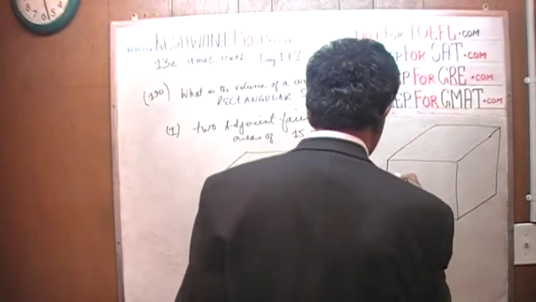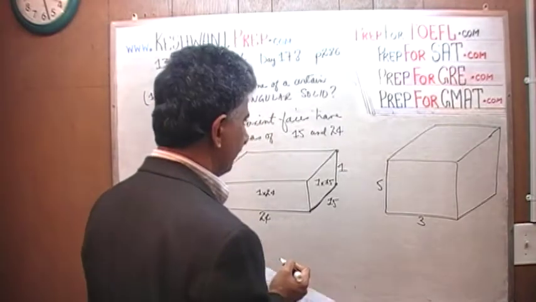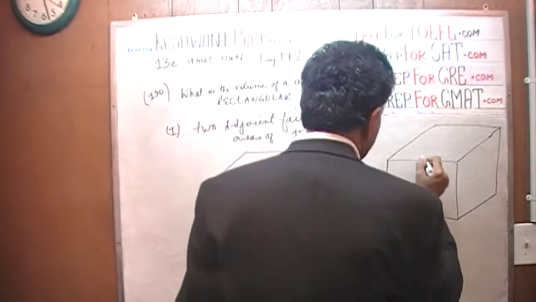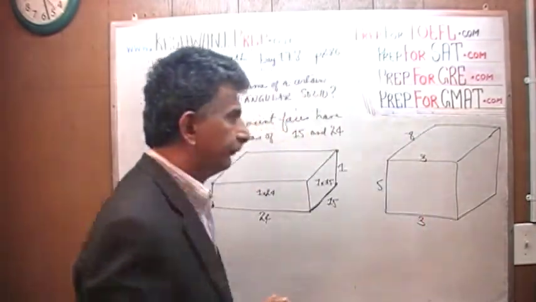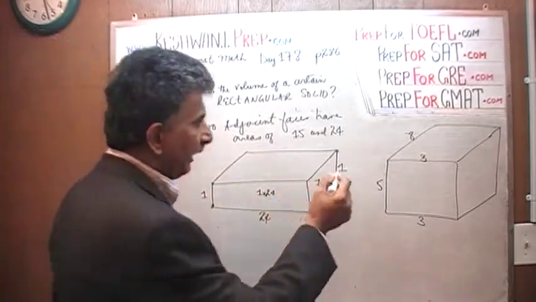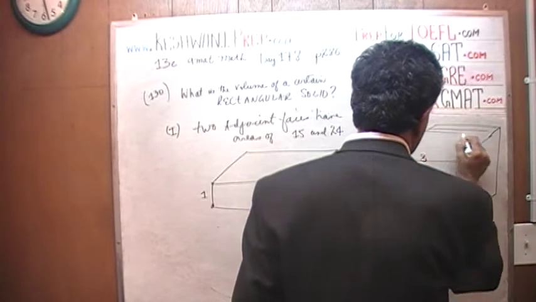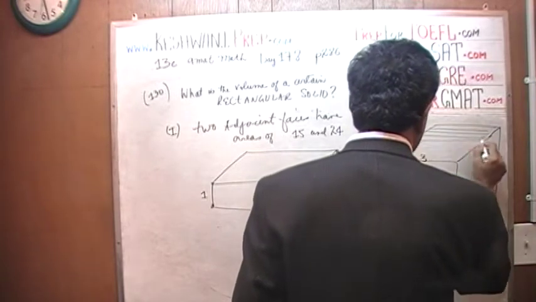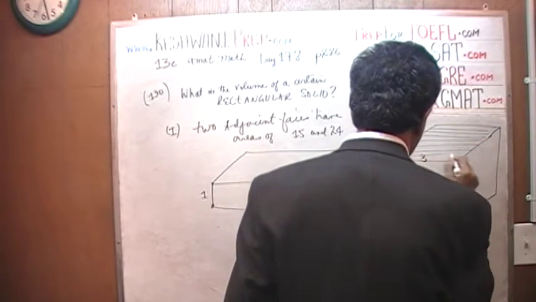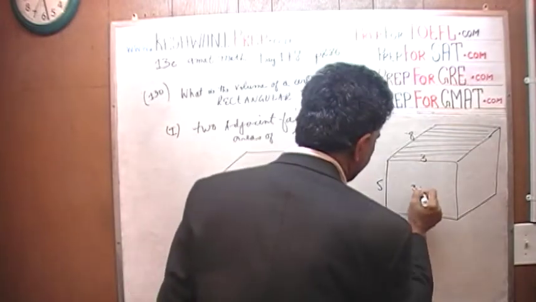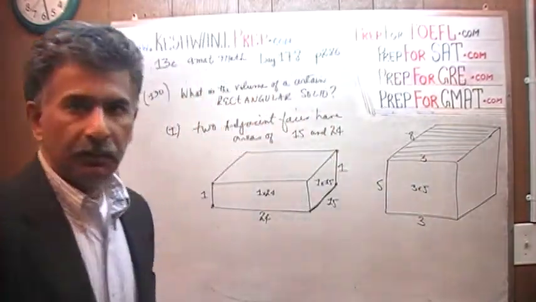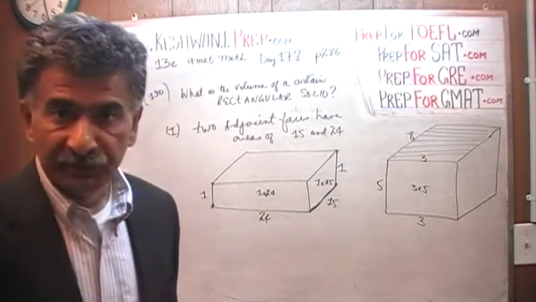This is 3, maybe this is 5, so this face has an area of 15, and if this is 3, then this side is also 3, and maybe this is 8. So now the top part has the area of 24. This guy right here has the area of 24, and this guy has the area of 15. And of course those two faces are adjacent.